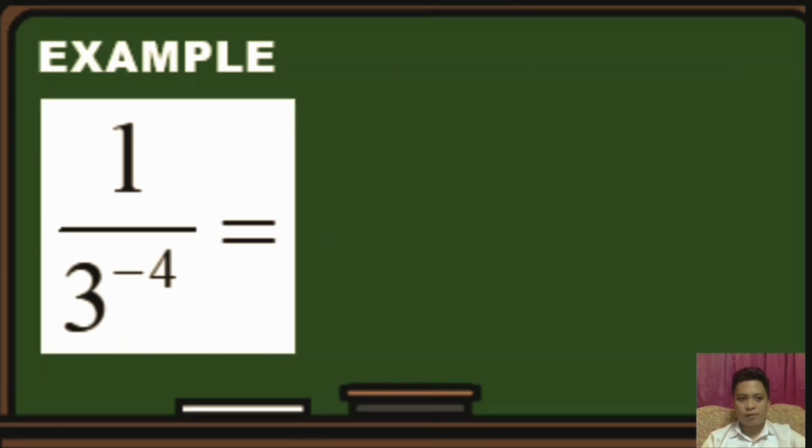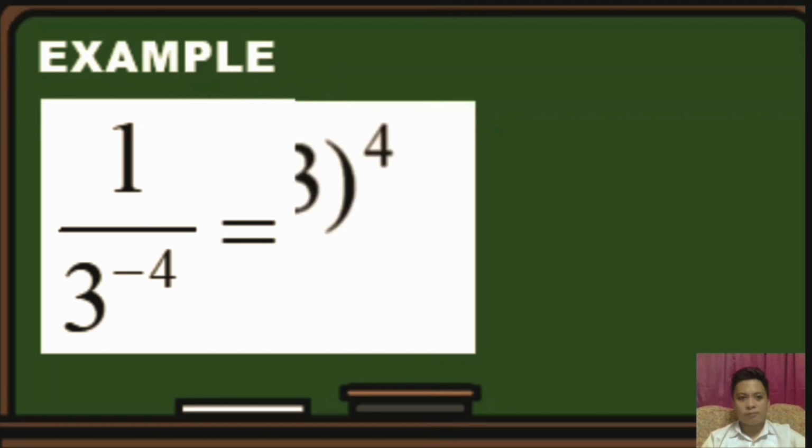Another example, we have 1 over 3 raised to negative 4. Notice in this example, we have a fraction, and the negative exponent is written in the denominator. So we will just get the reciprocal of this one. But after getting the reciprocal, change the sign of the negative exponent.